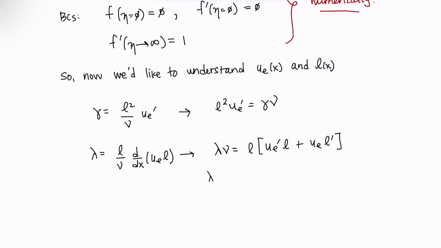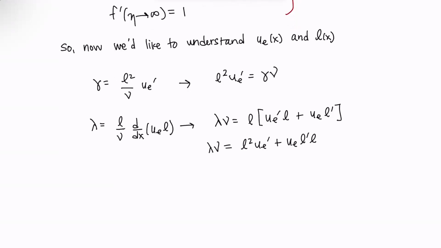All right, so we have lambda times nu is equal to L squared UE prime plus UE L prime L. And I'm going to call this star star, and I'll call this one star.